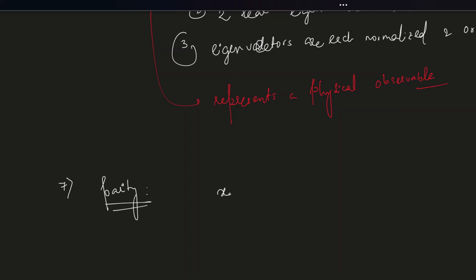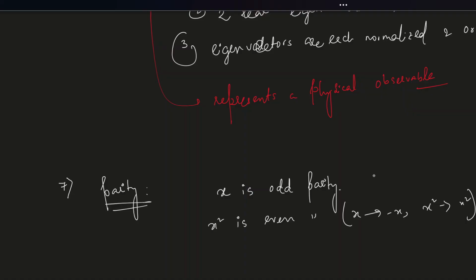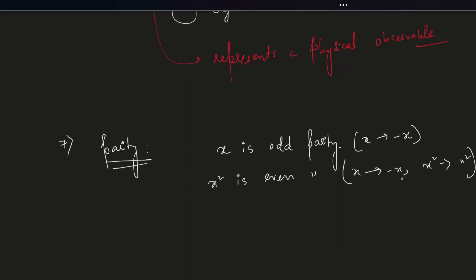First of all, x is odd parity because x becomes minus x. But x squared is even parity because with x to minus x, x squared remains x squared.